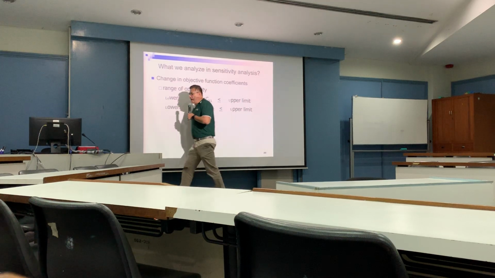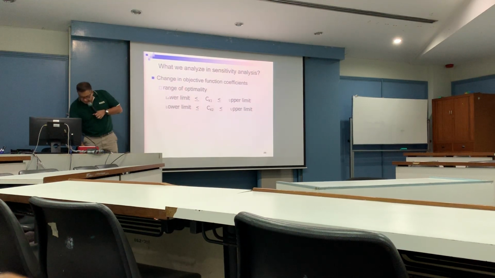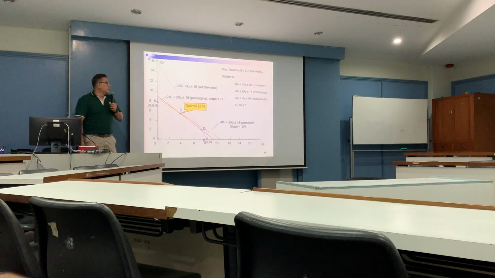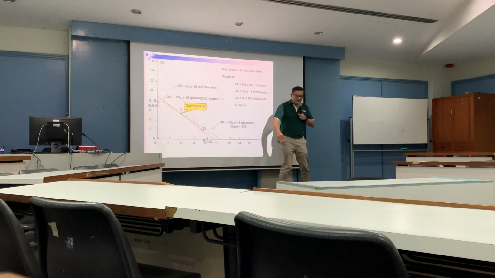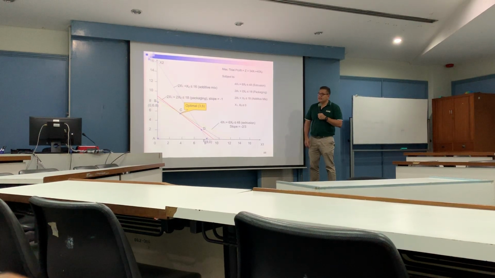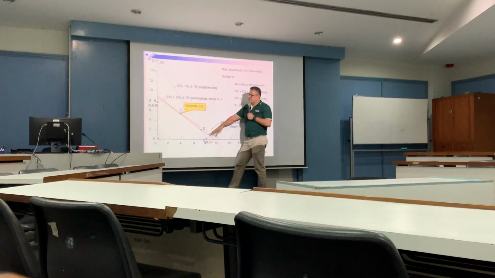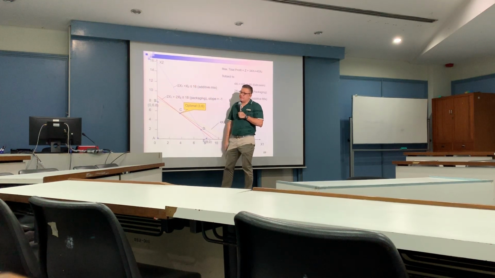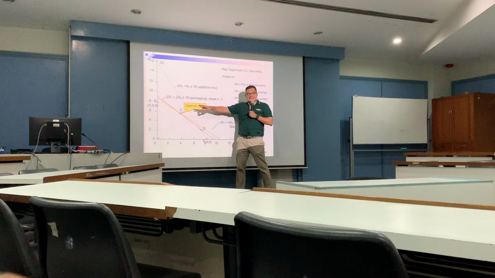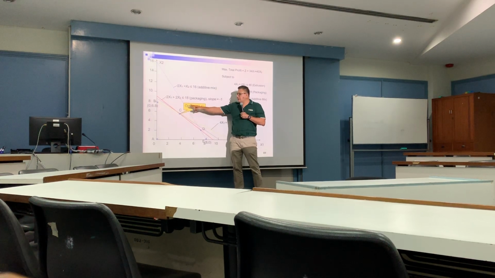Okay, and if I go to this one, again, this is the solution for the previous example, Stratton Company. Remember, we have three constraints, right? Extrusion, packaging, additive mix. We found that point C is the optimal solution, x1 is 3, x2 is 6.